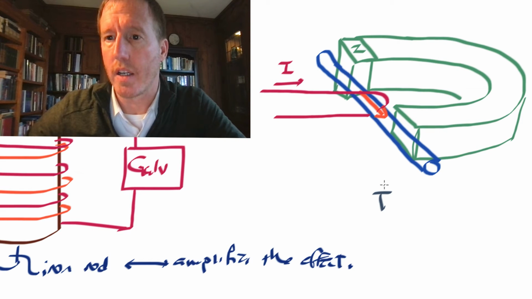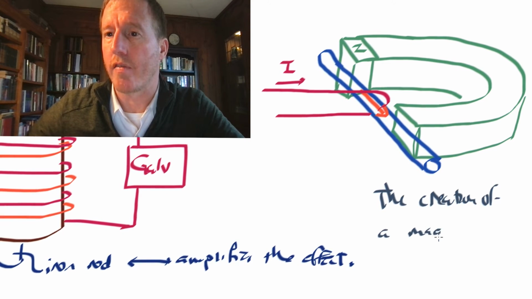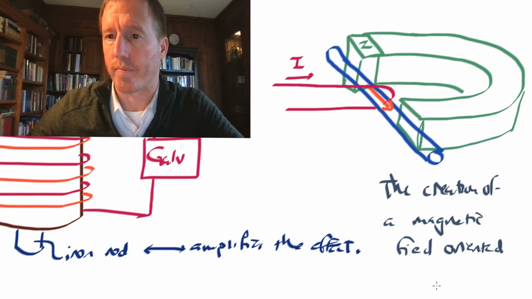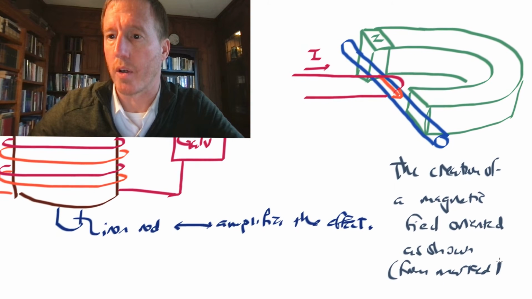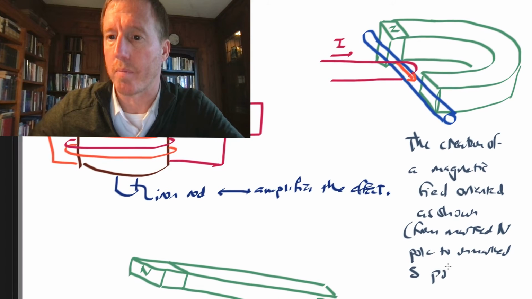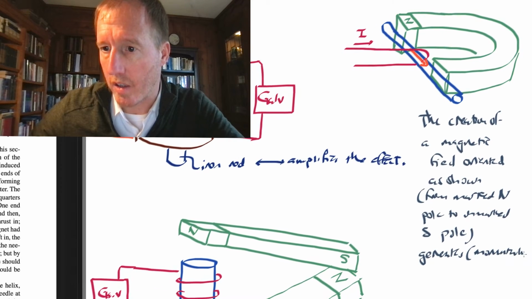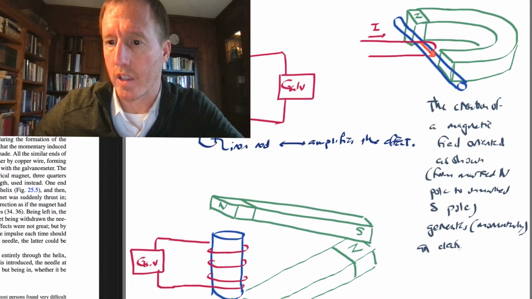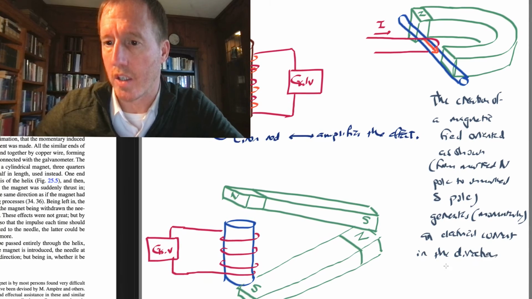So the creation of a magnetic field, so to speak, oriented as shown, that is from the marked pole, the marked north pole, to the unmarked pole, or unmarked south pole, generates momentarily an electrical current in the direction depicted.